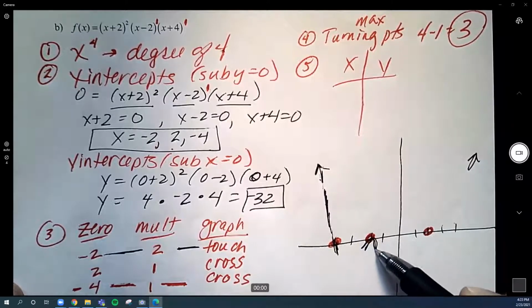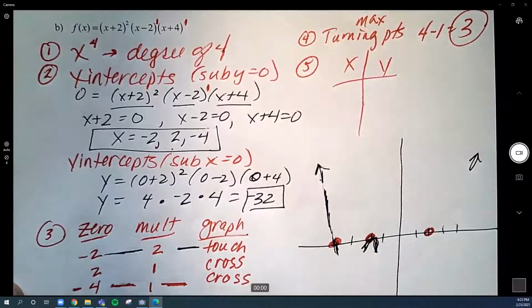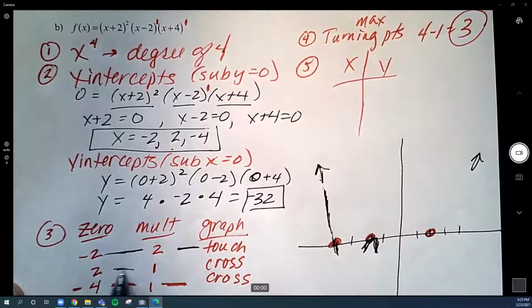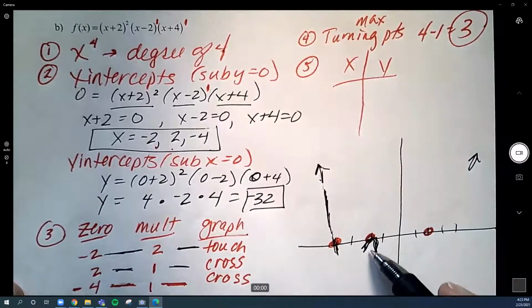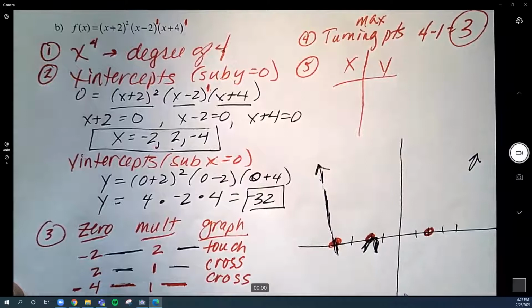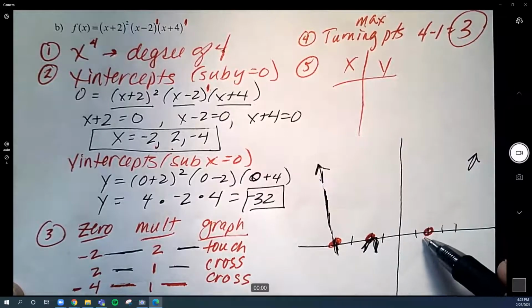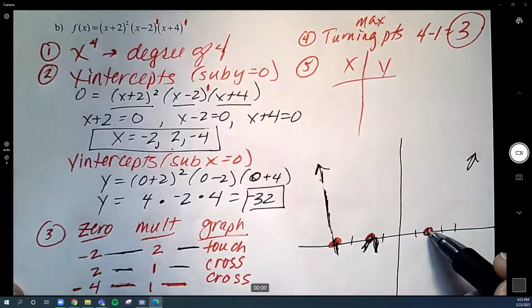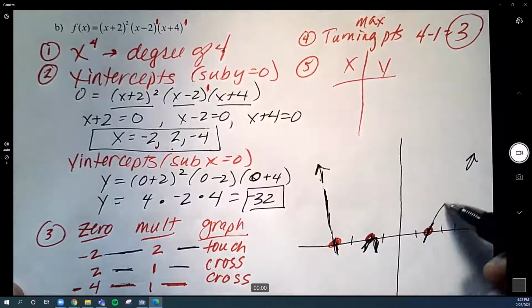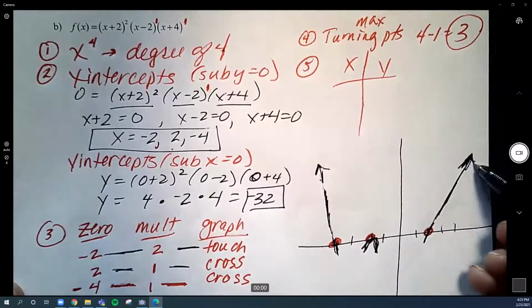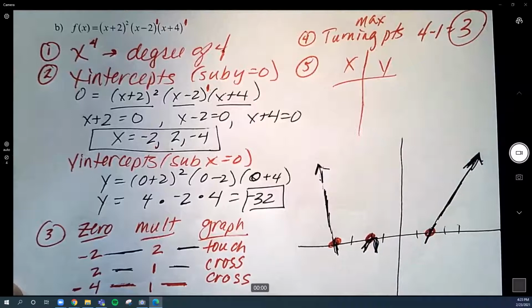It will not cross through to the other side. At the 0, 2, it will cross. So at some point, this will continue down, come back up, and it will cross through to the other side because we know it eventually is going to have to meet the end behavior on the other side.